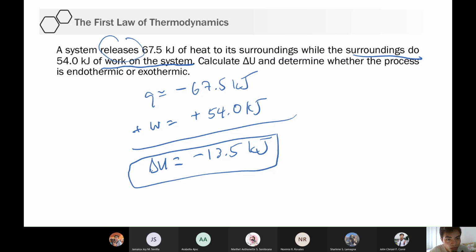So si Arabella, Marvin, Charlene, Sembrano, Noemi, and si Jamaica.